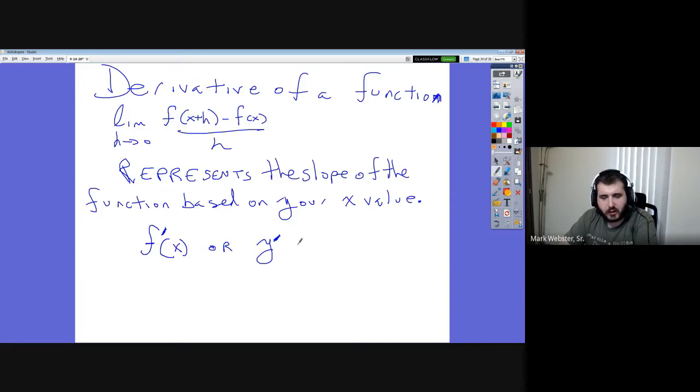Another very common way, you'll see like this. And this variable up top may be different. Maybe they'll do dy dx. I've seen this before.